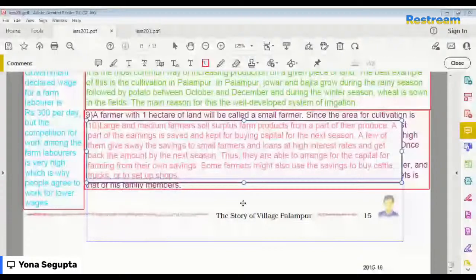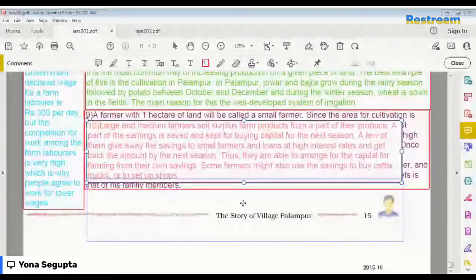Next question is, on what terms did Savita get a loan from Tejpal Singh? In the story, Savita gets a loan from Tejpal Singh. And the next question is, would Savita's condition be different if she could get a loan from the bank at a low rate of interest? What is the answer?